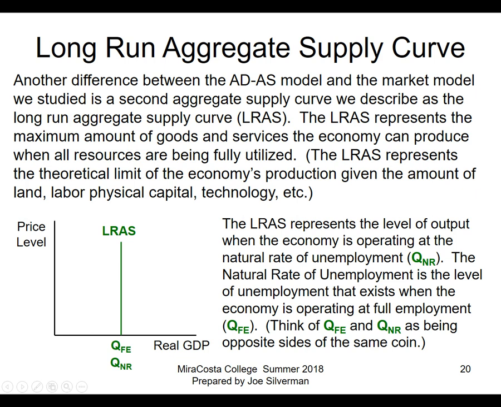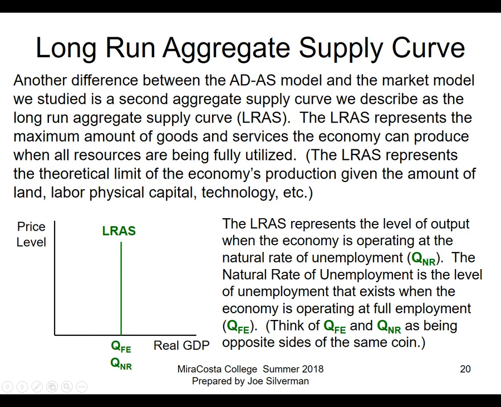These two things are pretty wordy, I realize that, but the idea is this. There's some level of output that the economy is capable of producing when we're at full employment. Remember from going over unemployment that full employment doesn't mean that everybody has a job. It just means that we're at a thing called the natural rate of unemployment. That's when we have maybe only frictional unemployed people and maybe some structural unemployment depending on what's taking place, but we don't have any cyclical unemployment.